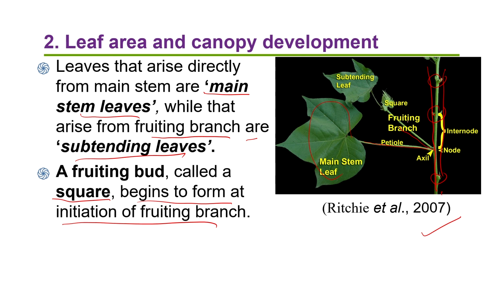And you see at the fruiting branch the subtending leaf. So these subtending leaves are there on the fruiting branch, and you also see a square. This is a square, which is a floral bud, and it will result in a flower and ultimately bolls. So this is a clear-cut picture showing you the formation of the leaves and fruiting branches.